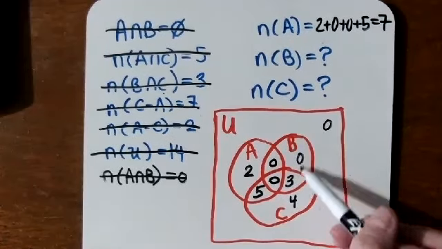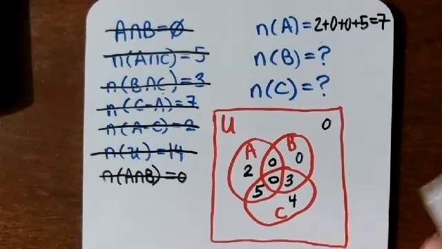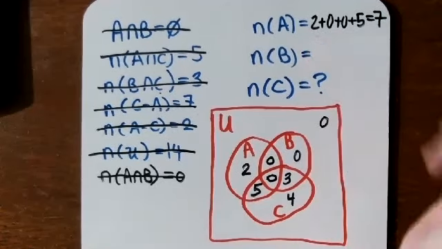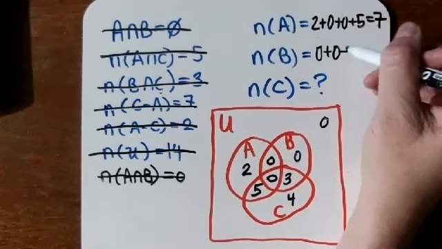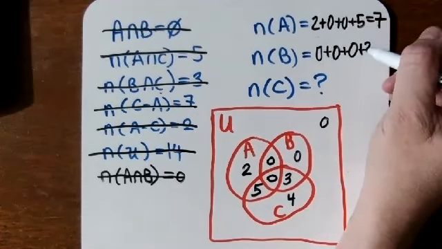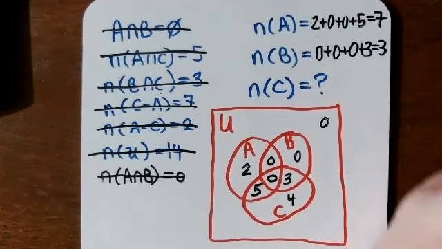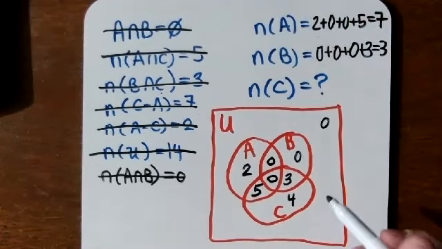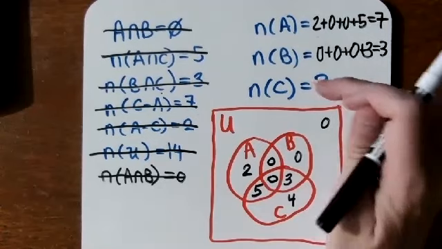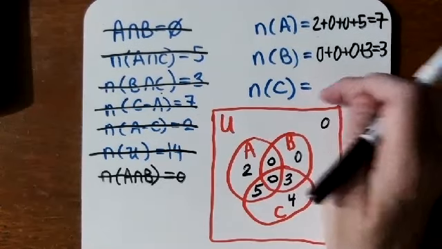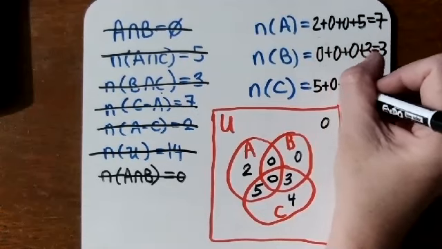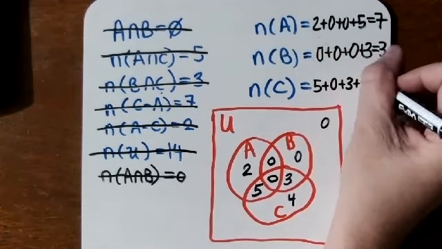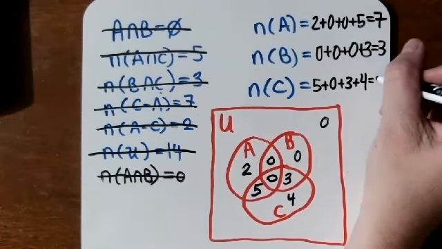If we sum the regions that form B, then we have 0 plus 0 plus 0 plus 3, or 3. And the number of elements in C are the 4 regions that form C, 5 plus 0 plus 3 plus 4, which is 12.